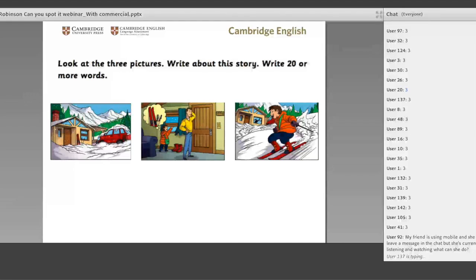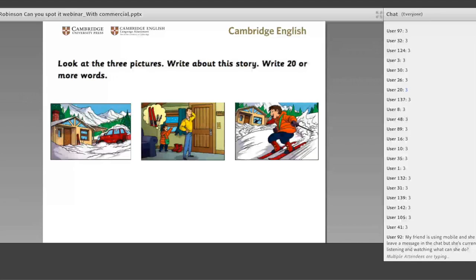Okay, so the first thing for them to understand is what's the story. Now, very often, stories contain a problem or a challenge, and it has to be overcome. If your students can spot the challenge, this will help them understand the story.